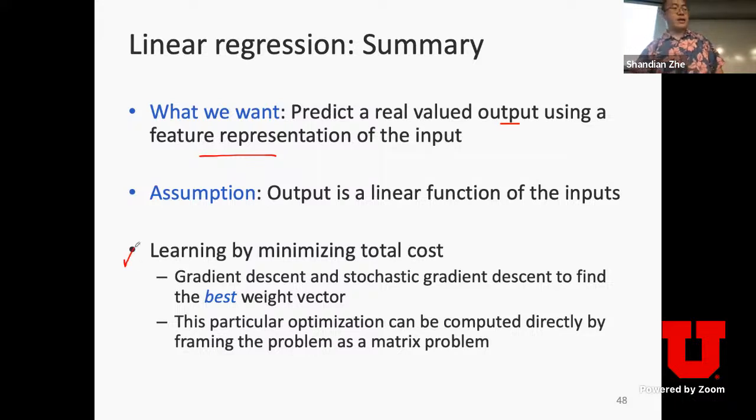And the learning is conducted by minimizing a total cost over the training data, right? Once we have decided the cost function, we can use gradient descent or stochastic gradient descent to optimize this cost function and find the best weight vector. Any questions so far?